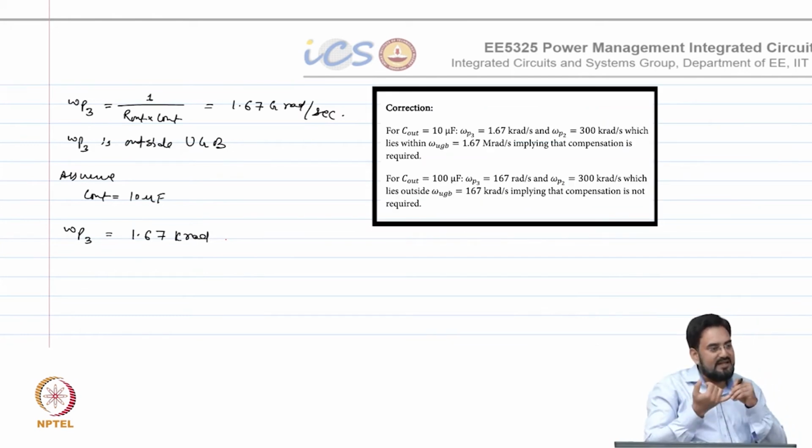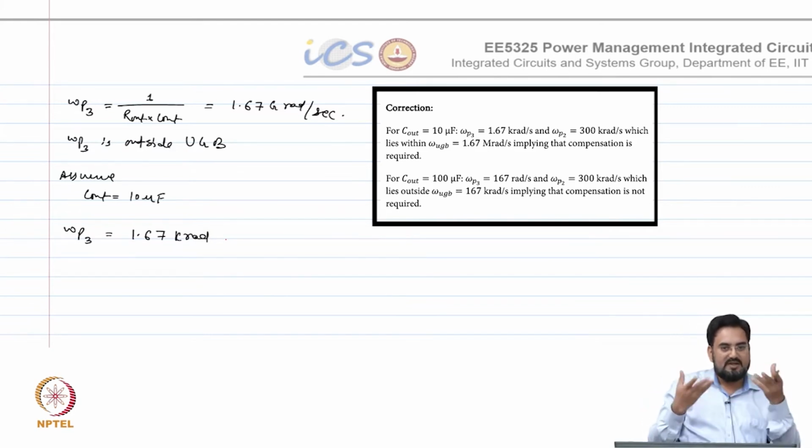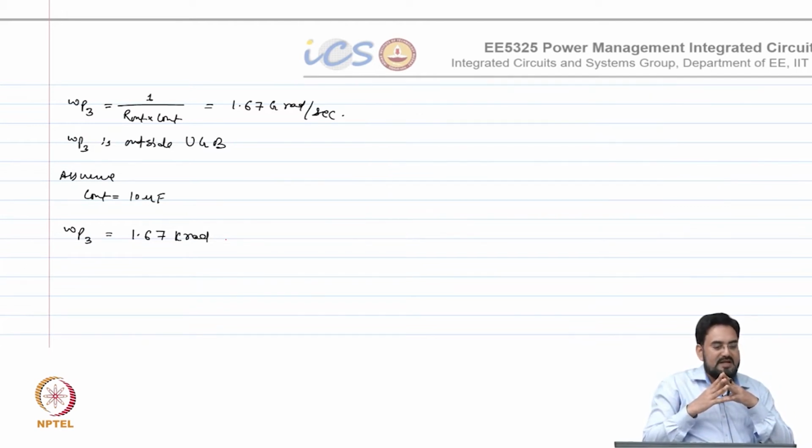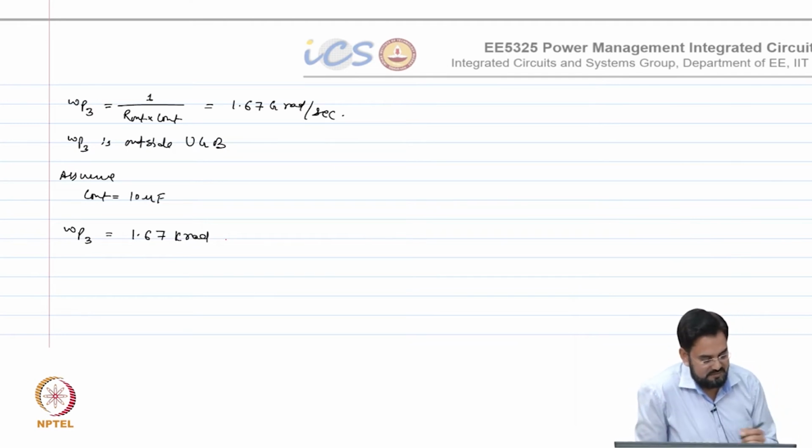So if you use a very large C out or a very small C out, in both cases you may not require a compensation because it will behave like a first order system. But now if I assume 10 nanofarad, where will it fall? Not the UGB, I am asking what the omega P3 will be for C out equal to 10 nanofarad.